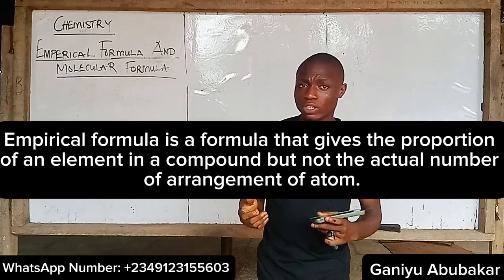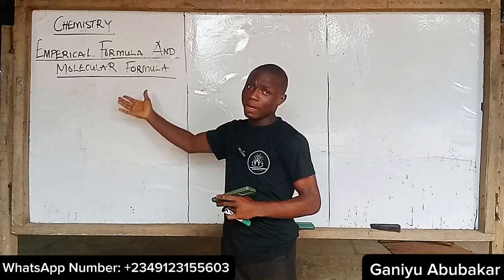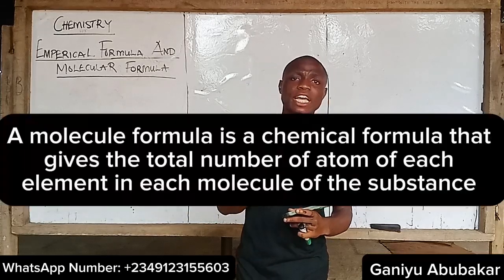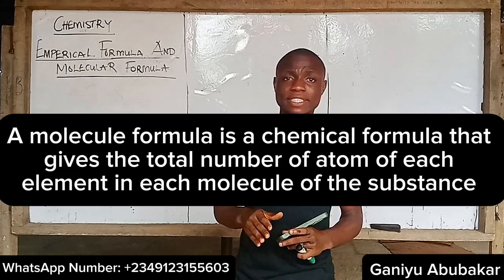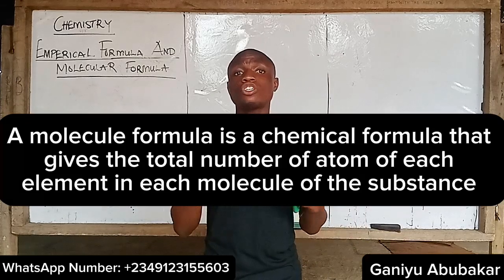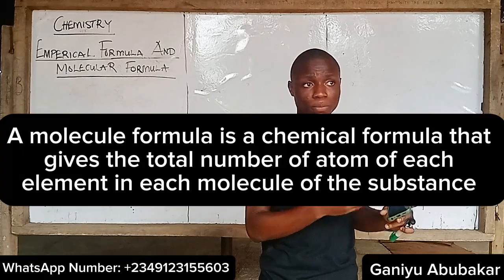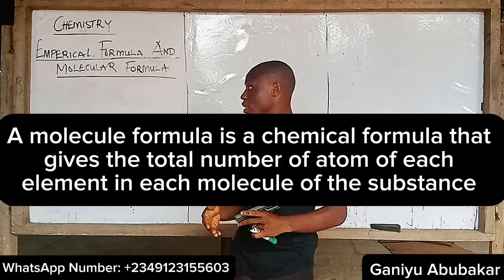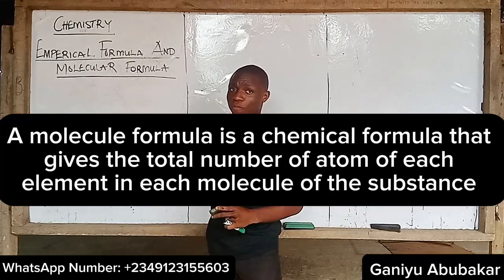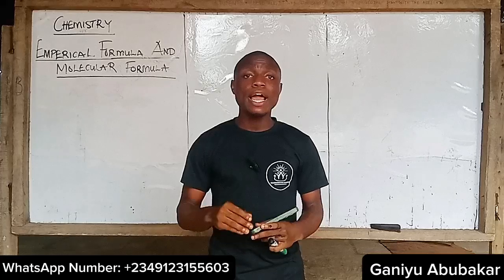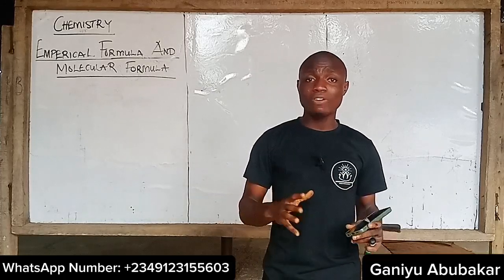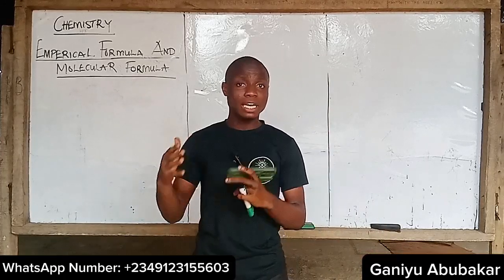Let's discuss the second concept called the molecular formula. A molecular formula is a chemical formula that gives the total number of atoms present in an element of a substance or a molecule, right? So when it comes to the concept of empirical formula, it gives the whole number ratio of the component elements.